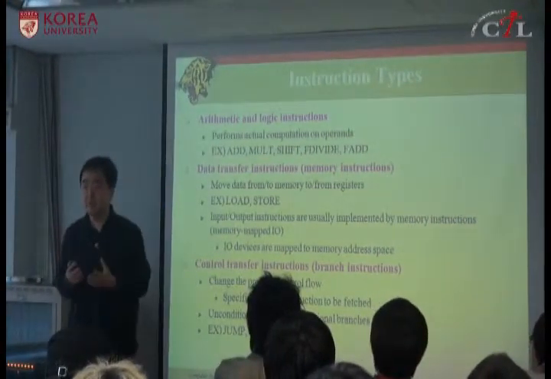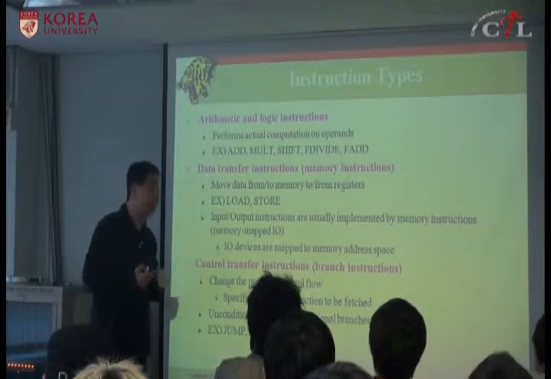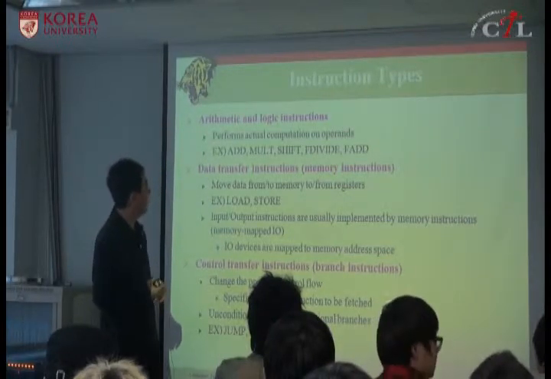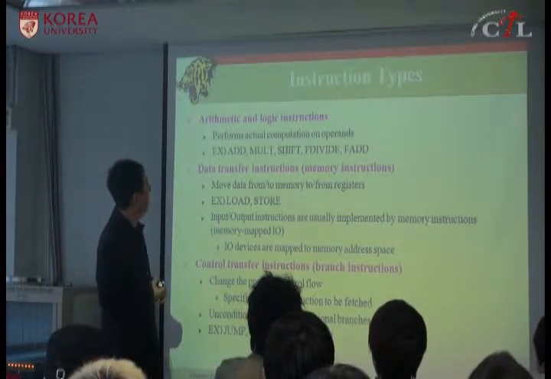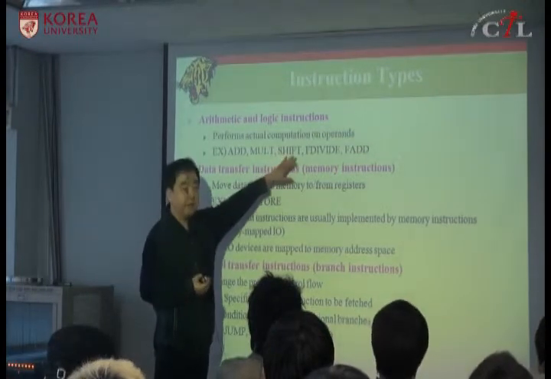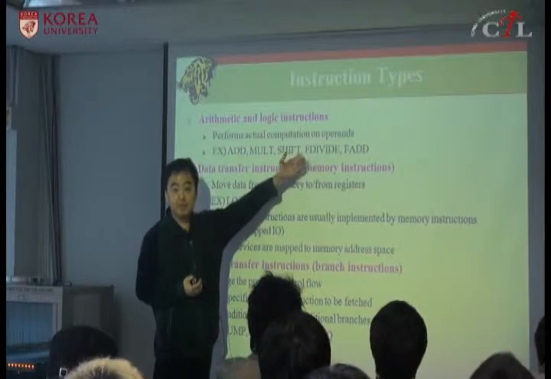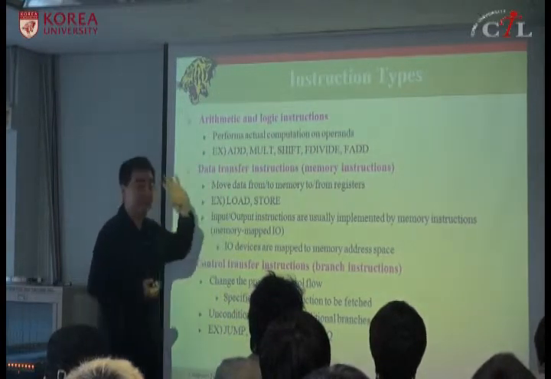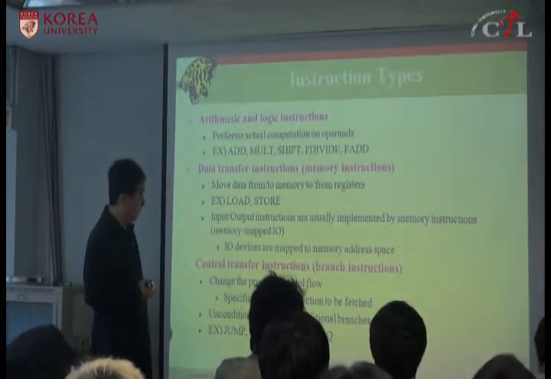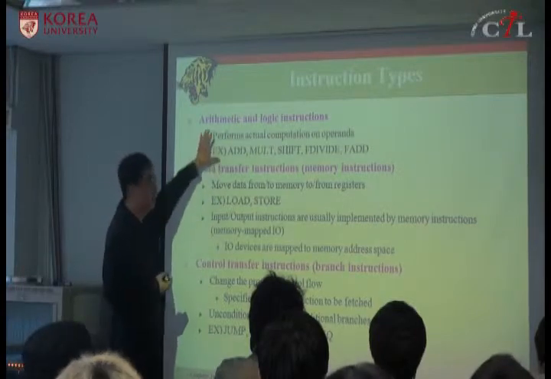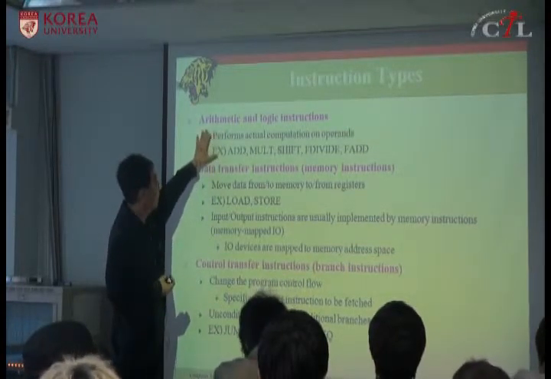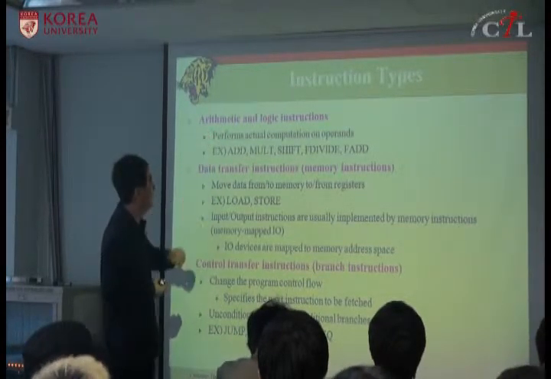Also, you can implement a floating point adder, divider, and so on. Okay? And shift, left shift or right shift, arithmetic shift right or shift left. There are various other operations. These are computation, so they are called arithmetic and logic instructions.